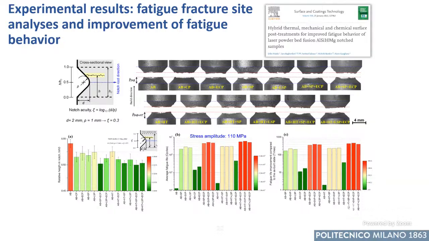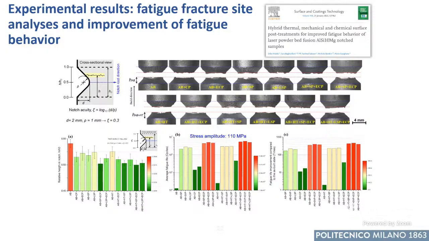And we see here the importance of the final electropolishing treatment. Shot peening is good, and the same is laser. We are able to strongly increase the negligible fatigue strength of the as-built material. But if we also apply electropolishing, we are able to get an even better result.